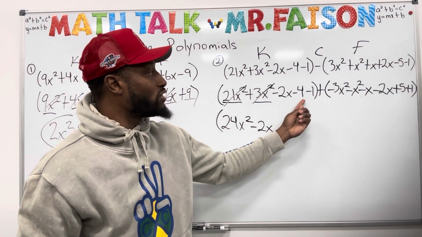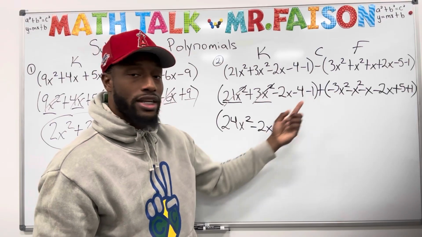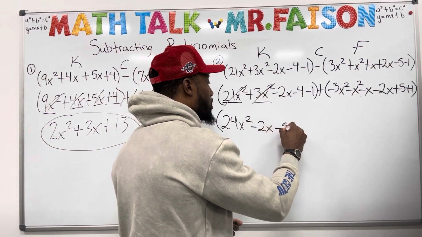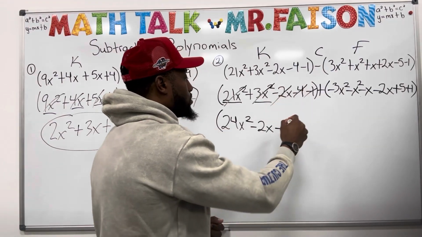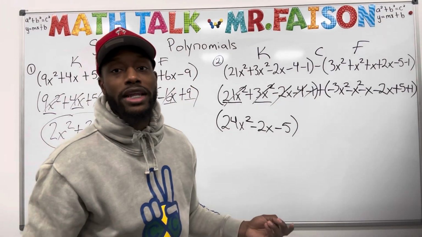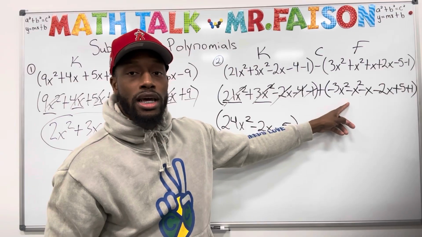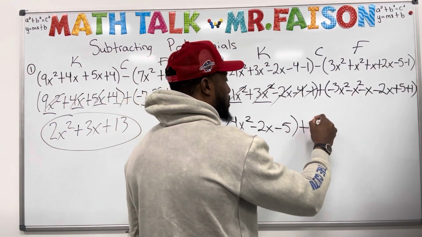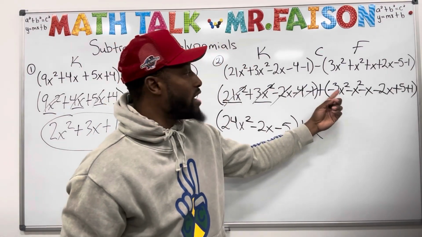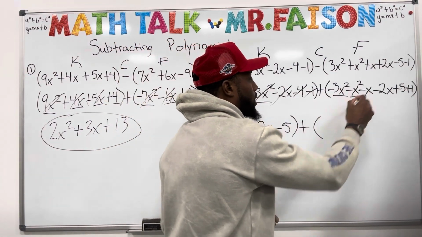Now, if I look, I have two constants, negative 4 minus 1. That's going to give me negative 5. Can mark that out, mark that out. All right, you can mark that out. All right, now that I did that, what I'm gonna do is I'm gonna combine all my like terms in this parenthesis. If I look, I have x squared, x squared.